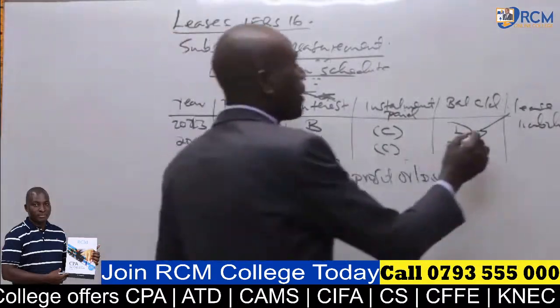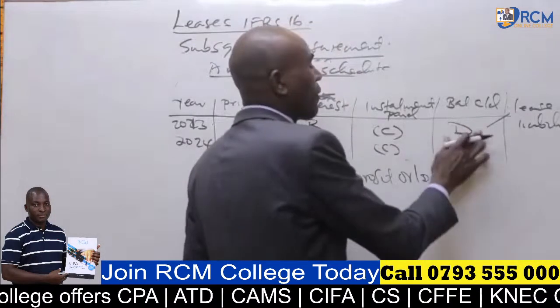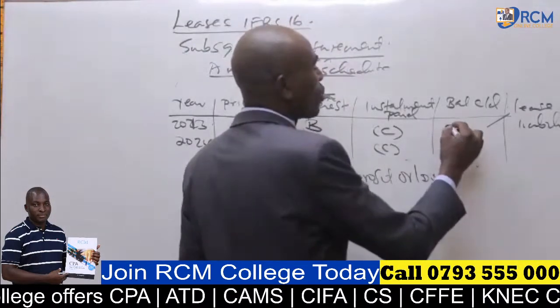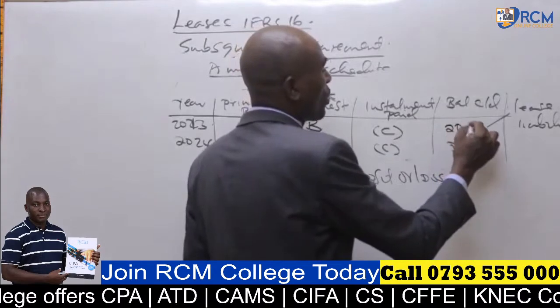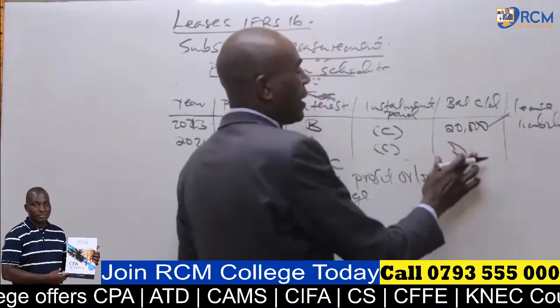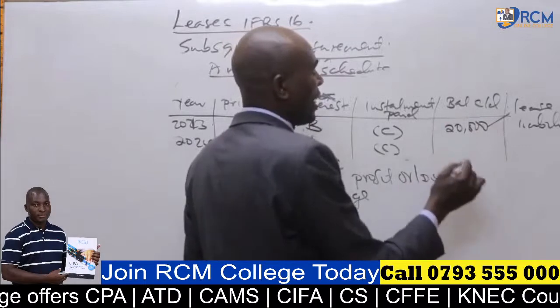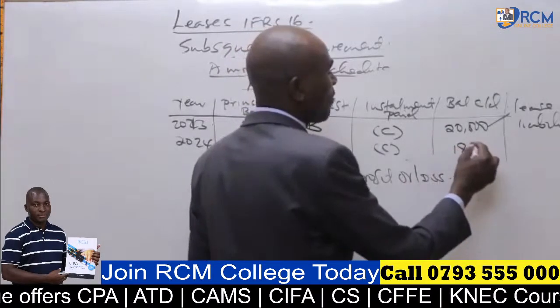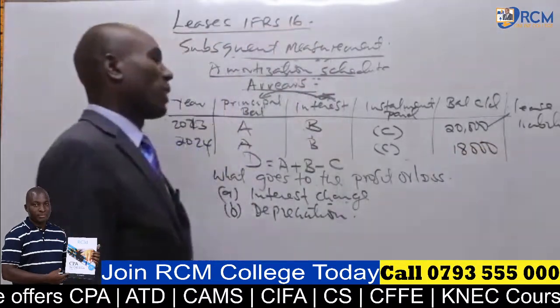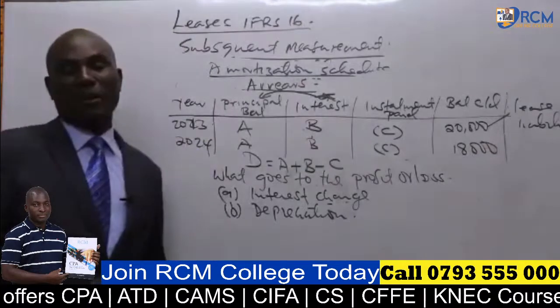So let me assume year one was 20,000, then year two is 18,000.